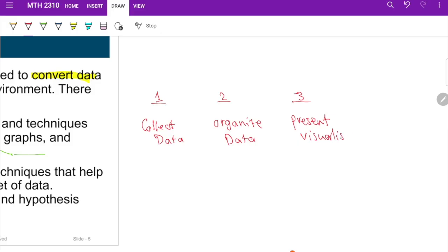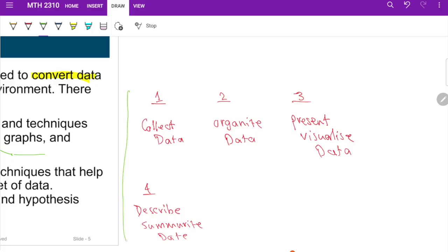We're going to see it, right? After that, we are going to describe and summarize data. So this is the first stage of learning, which covers the first 3 chapters.